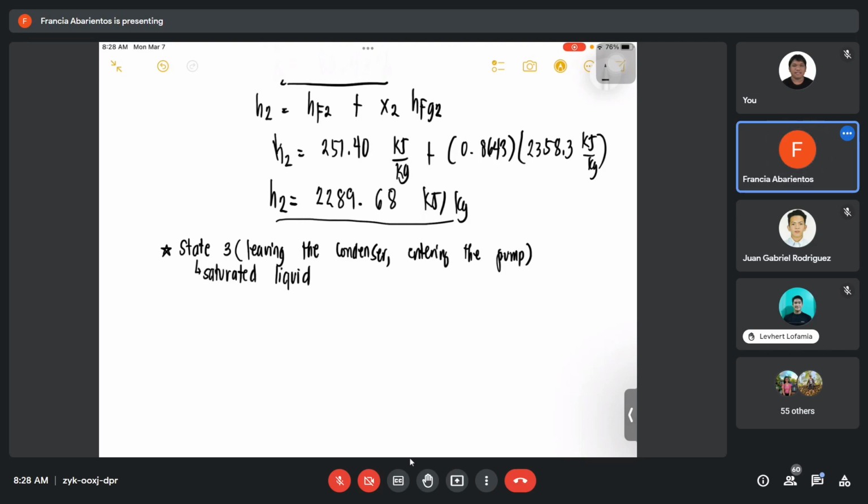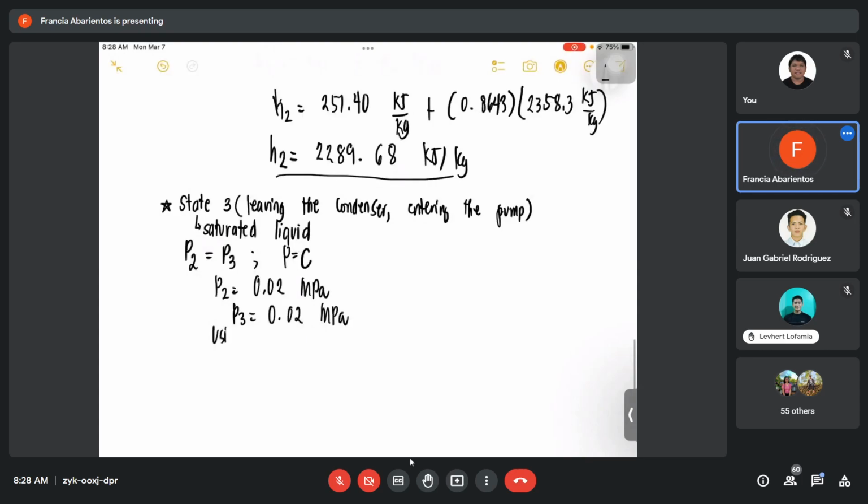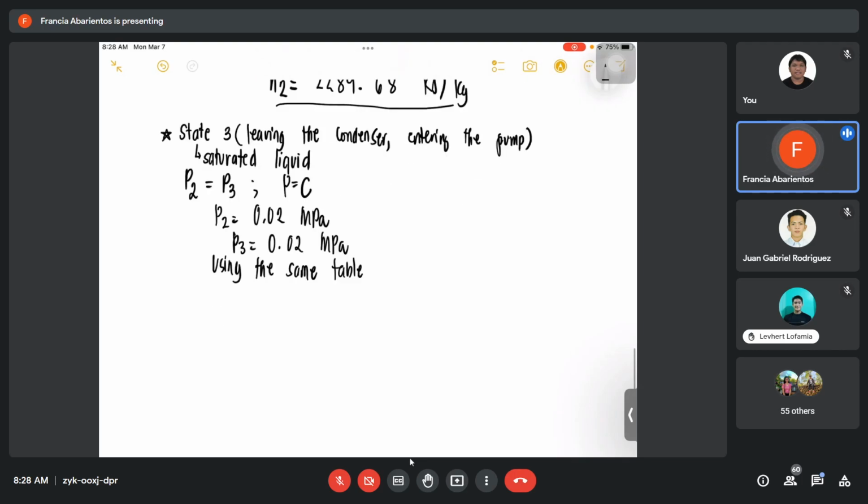Since we all know that from pressure 2 to pressure 3 is a constant pressure process, that will be our basis. Our pressure 2 is 0.02 MPa, so our pressure 3 is also equal to that. Using the same table, we proceed now to the saturated liquid values.